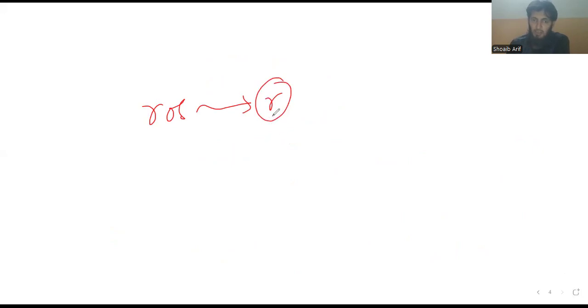Okay. So by using gamma, we can make this path.